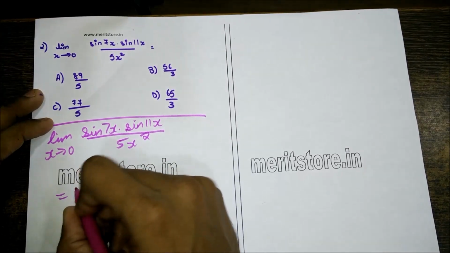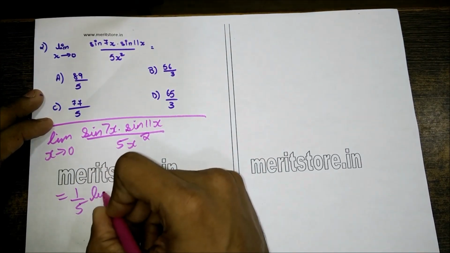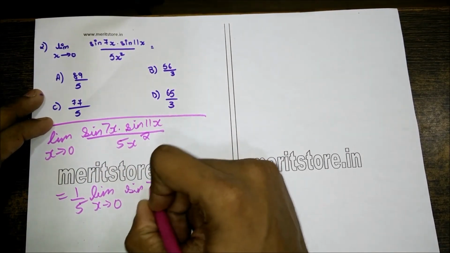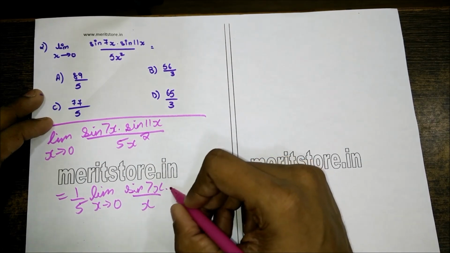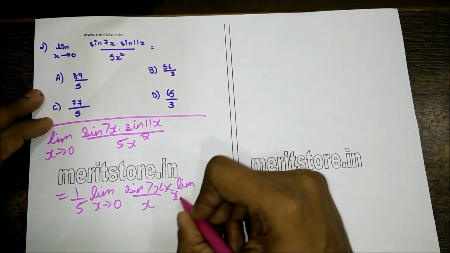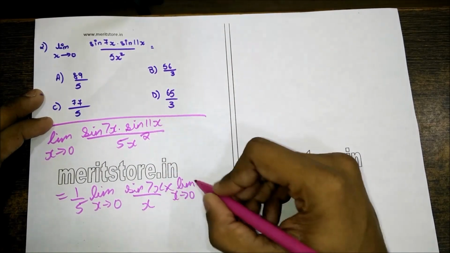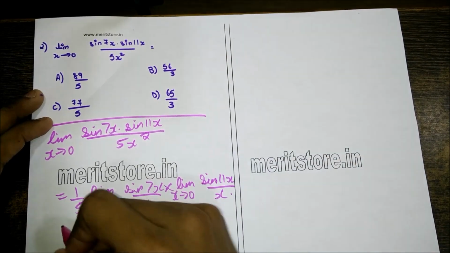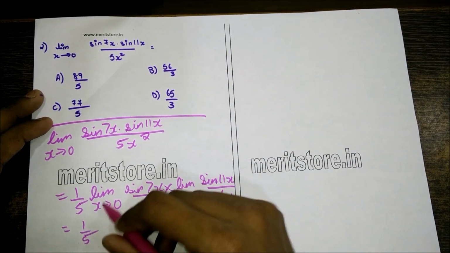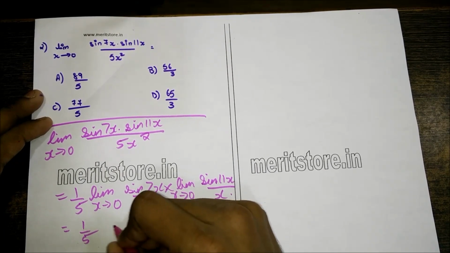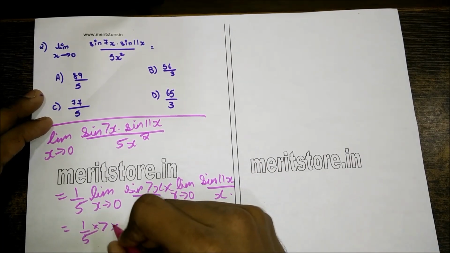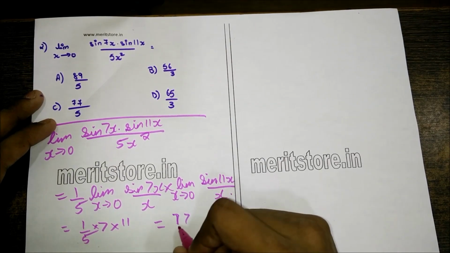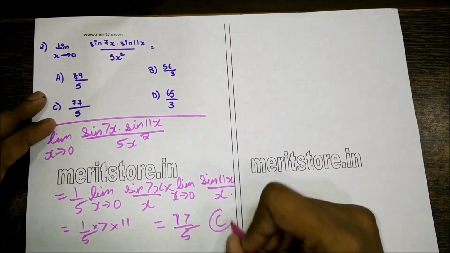That is nothing but we could write it as 1 by 5 limit of x tends to 0 sin 7x by x and limit of x tends to 0 sin 11x by x. That is nothing but 1 by 5, here is 7 and here is 11. That is 77 by 5, which is option C.